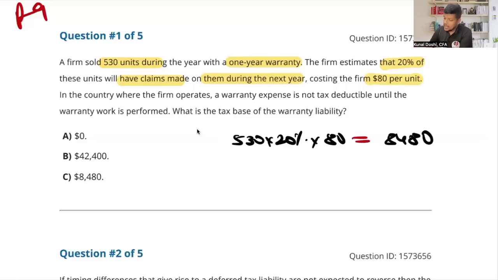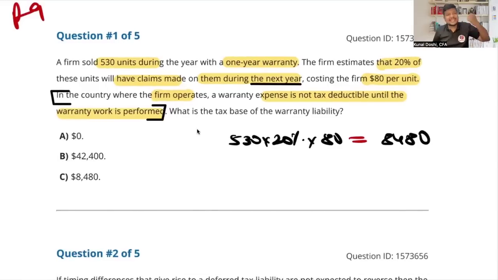Got it? Now they have said that in the country where the firm operates, warranty expense is not tax deductible until it is performed. Means in the tax reporting, I will not put the warranty unless there is an actual claim. Here they are saying the claim will happen the next year. So in the tax reporting, can I report it? Will I report anything?